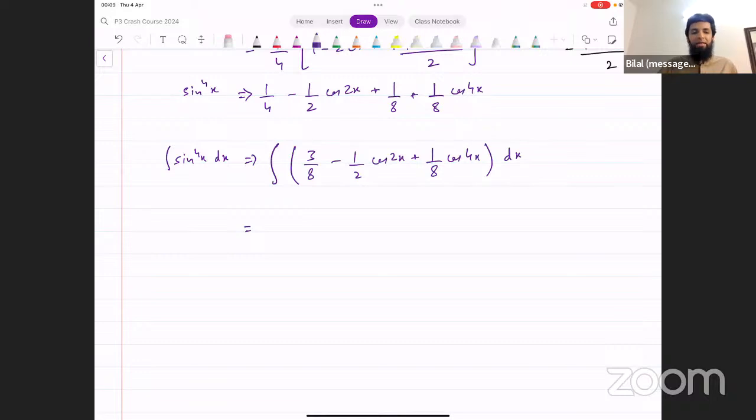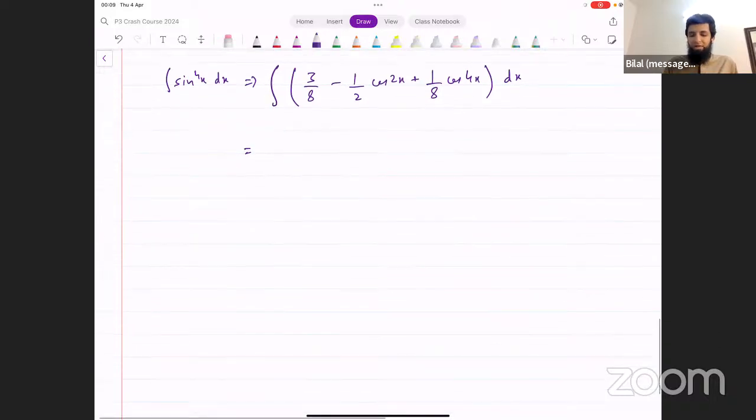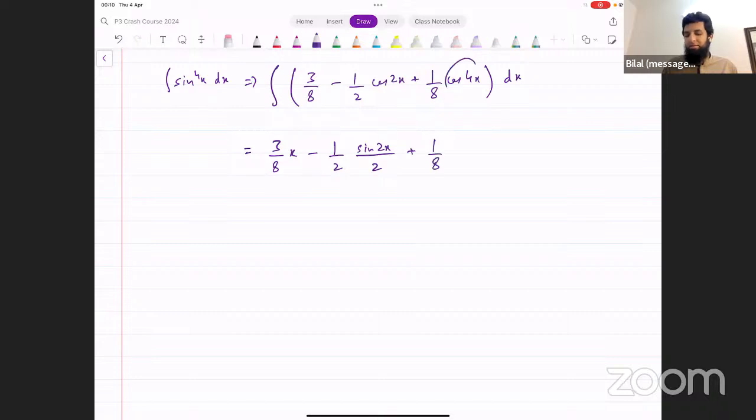We can integrate each term separately. What's the integration of 3 over 8? That's 3 over 8 times x. Integration of 1 over 2 into cos of 2x: 1 over 2 remains as it is. Integration of cos is sine. So that becomes sine of 2x divided by 2, the derivative of 2x, plus 1 over 8 remains as it is. Integration of cos is sine again.